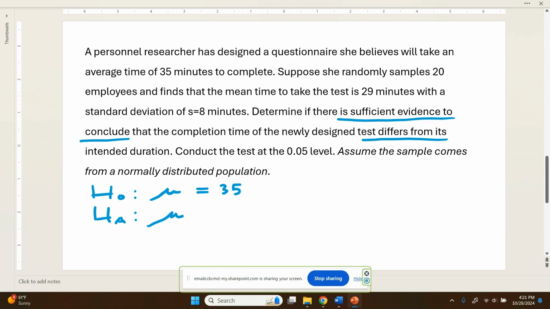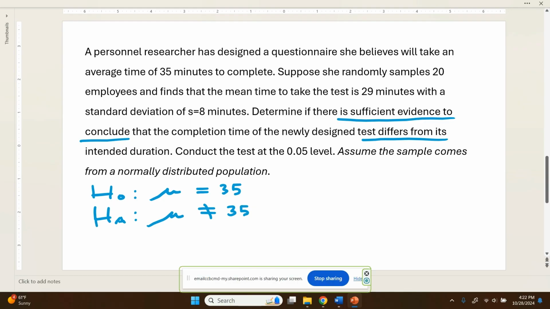And she wants to know if her sample is going to provide sufficient evidence that the test differs from that. And when I see the word differs, they're not deciding greater or less. It's almost like they can't make up their mind. So we're going to do a not equals to 35. So there is our null and alternative for our hypothesis.